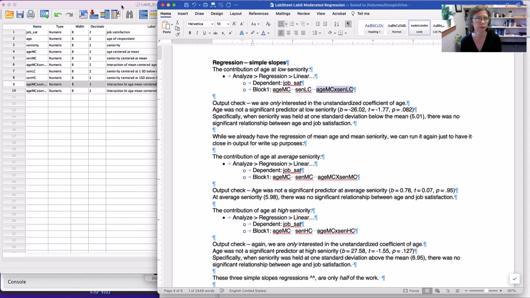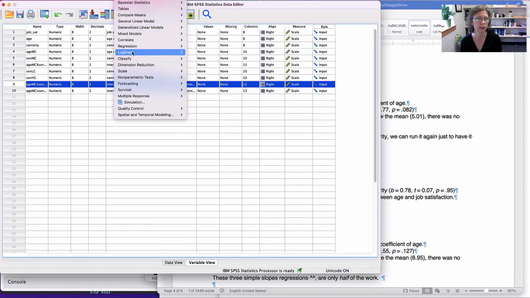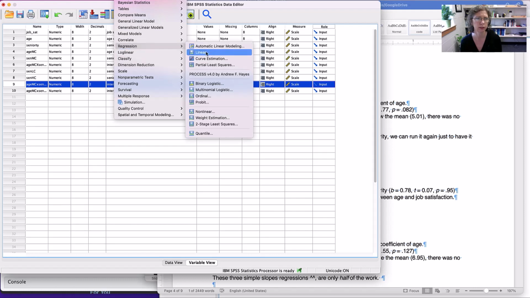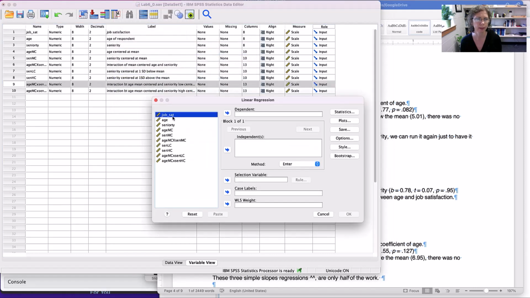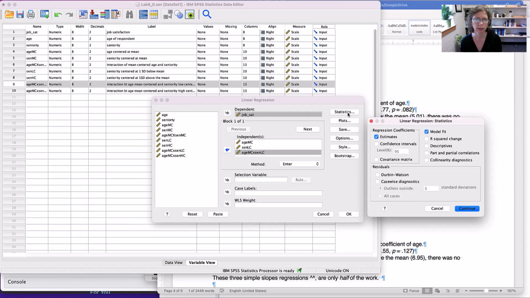So I'll do the click through for the first one so you can see it. We'll do analyze, regression, linear. We want job sat as the dependent variable, and we want age at mean, seniority at low, and age by seniority low. All three of them. And then, did I ask for stuff?